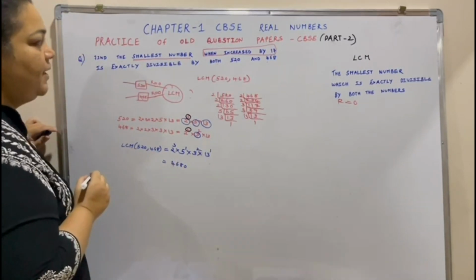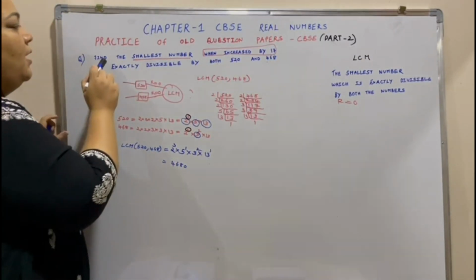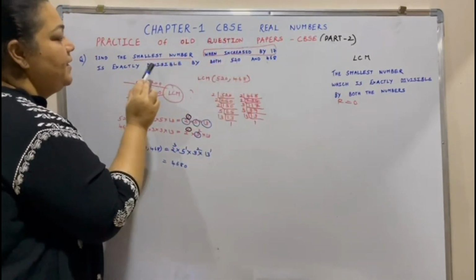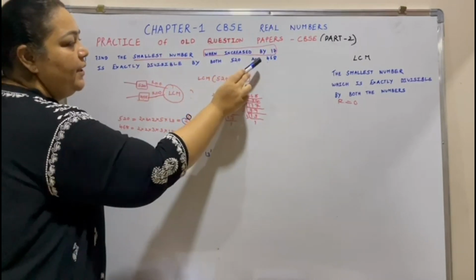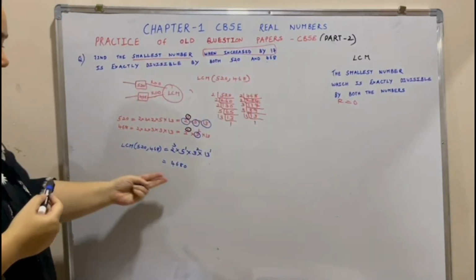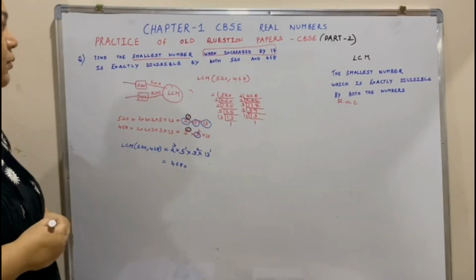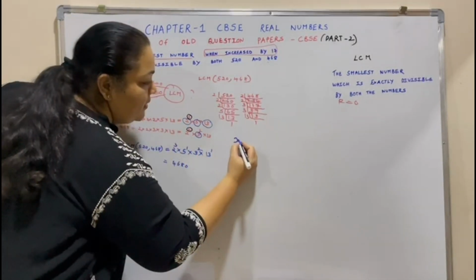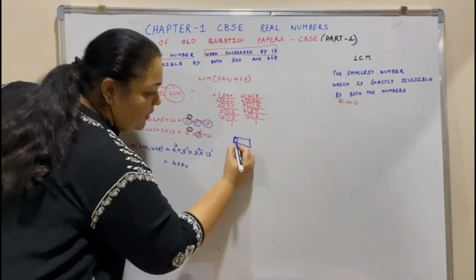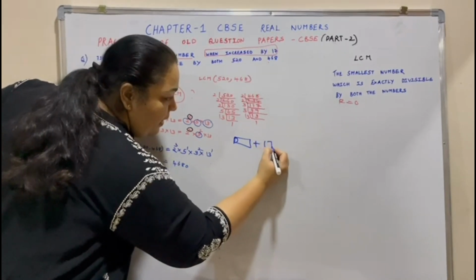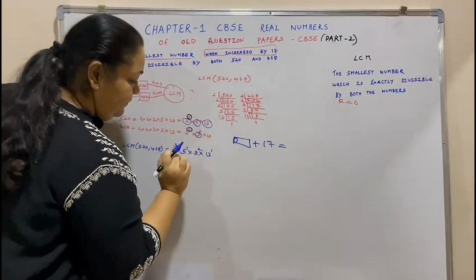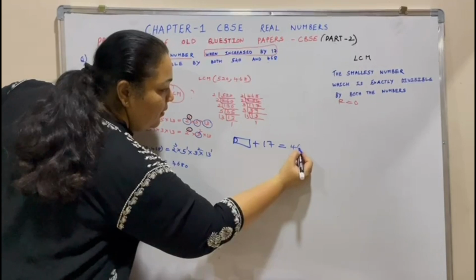We will get 4680. Now what is the question? Find the smallest number which when increased by 17 is exactly divisible by both 520 and 468. First you found out what is LCM. Now what is given in the question? They are asking to find the smallest number, which we don't know, which when increased by 17 is equal to LCM, that is 4680.